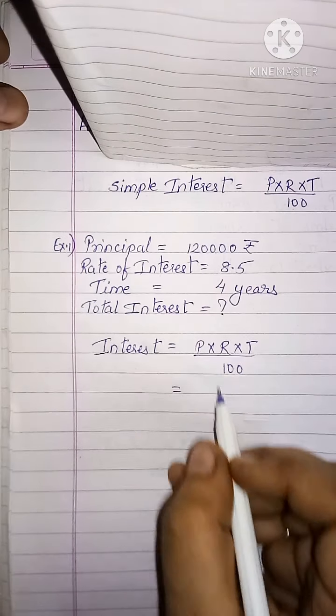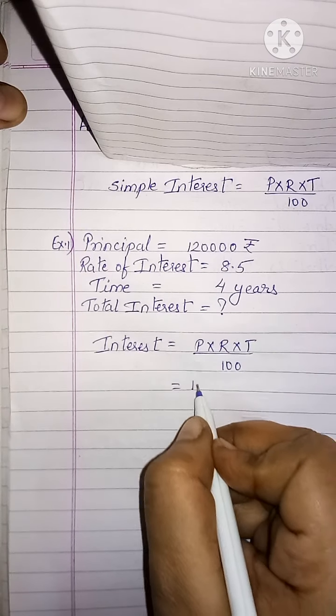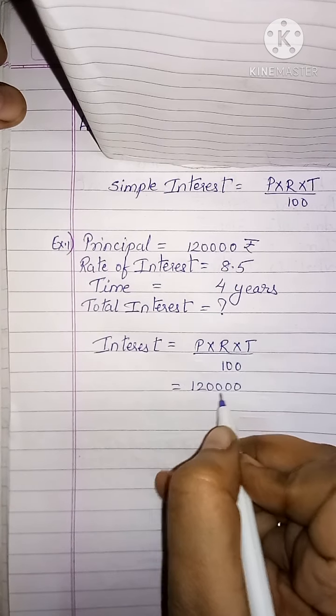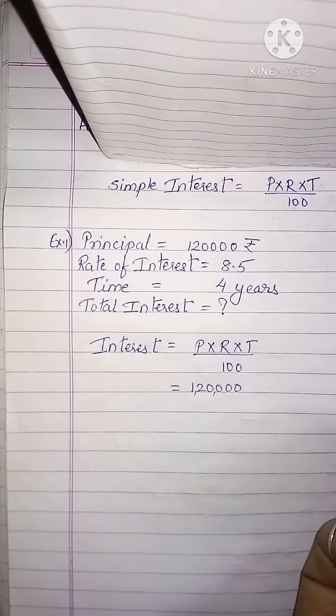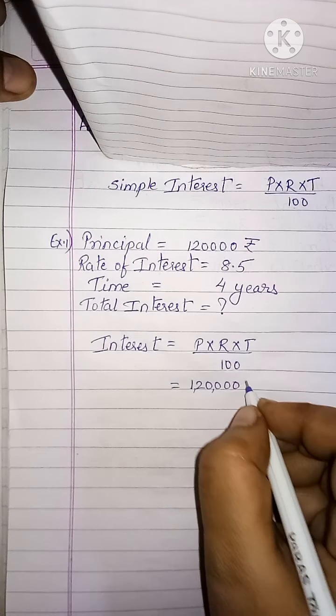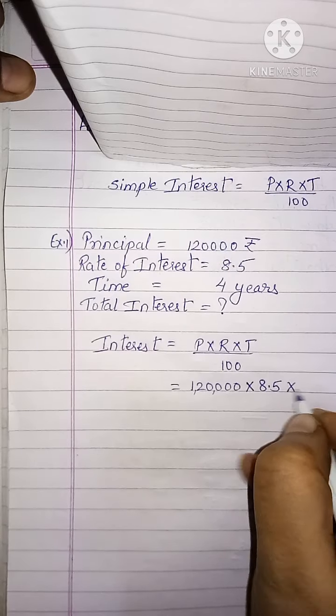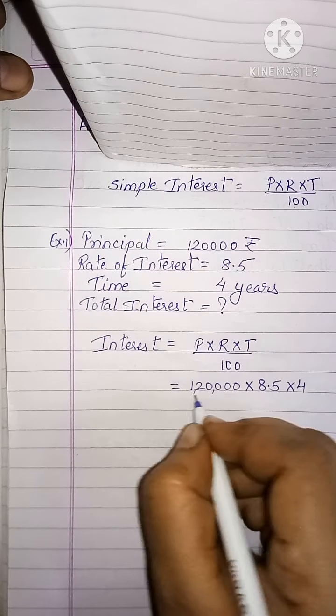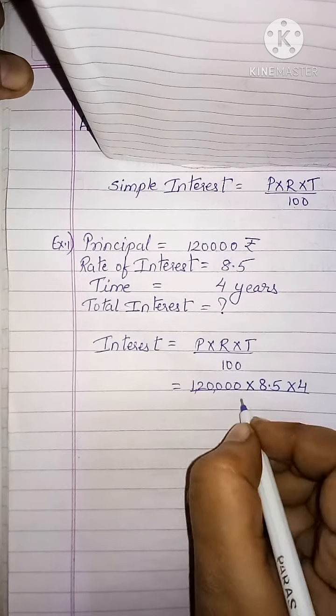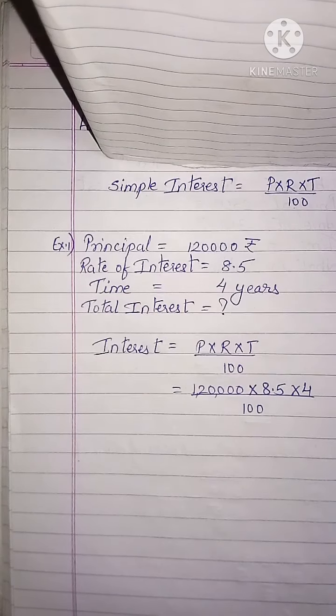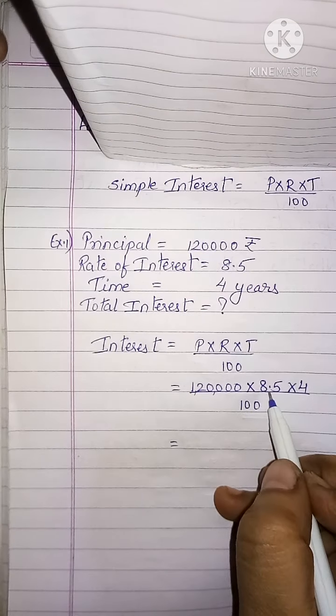So we are having the principal, 1,20,000. Rate of interest is 8.5 and time taken is 4 years upon 100. Now first we have to remove this point.